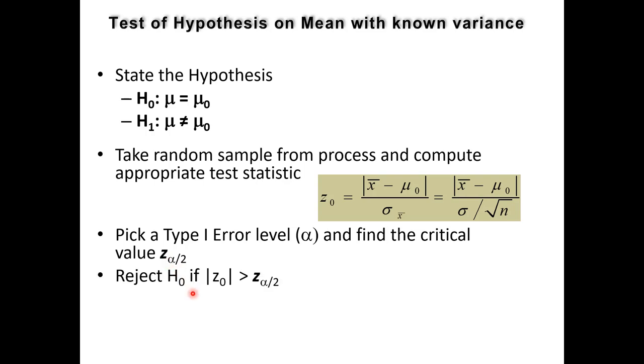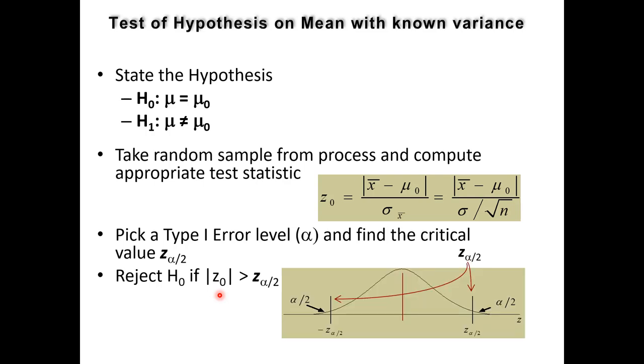Next, you reject your null hypothesis based on the value of your test statistic, whether it is larger or smaller, depending on your null hypothesis and your level of significance alpha, because those determine your criteria for rejecting or not rejecting the null hypothesis.